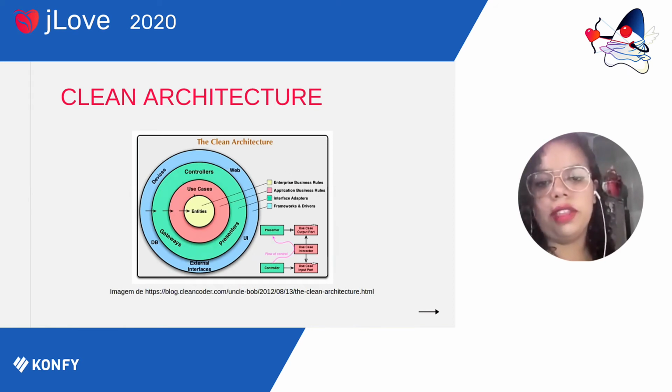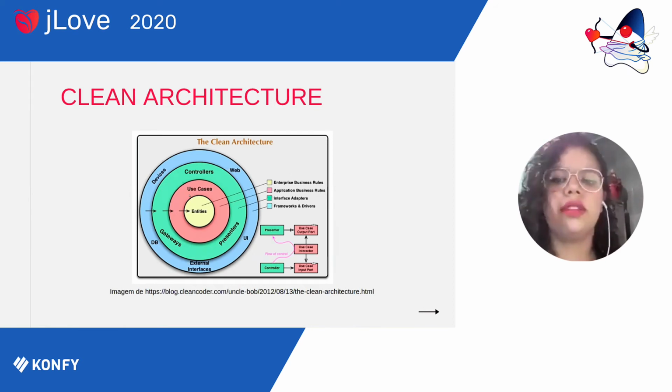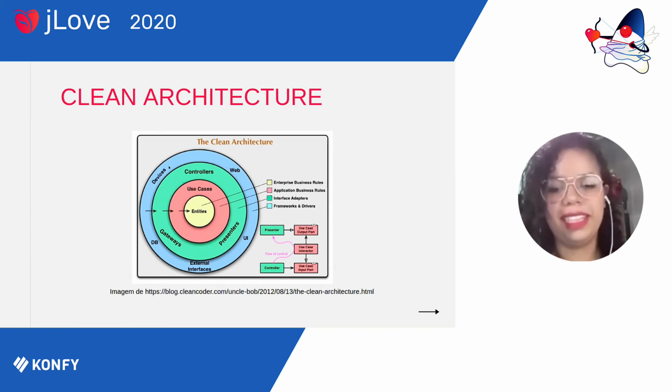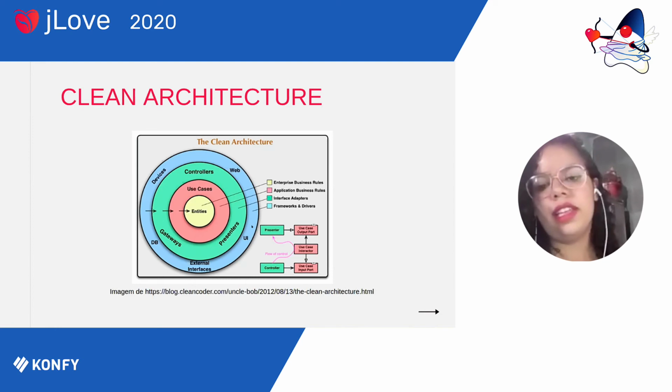We have the use cases, which are the application business rules, and the interface adapters with controllers, gateways, and presenters. And now we have these layers with the devices, web, database, external interfaces, and UI, which are frameworks and drivers.